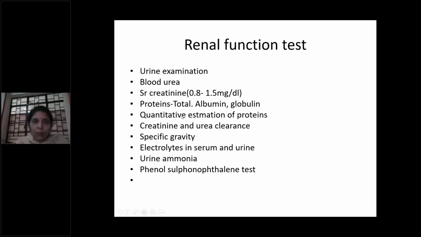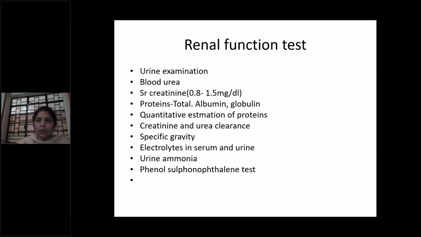You can also do blood urea, serum creatinine, total proteins, albumin, globulin, and quantitative estimation of urine proteins, as I was saying, using Esbach's albuminometer. Creatinine and urea clearance can be done. Specific gravity is estimated using an instrument called urinometer.